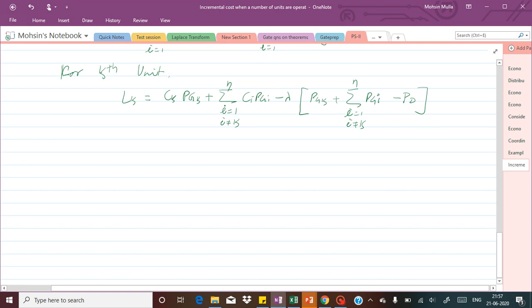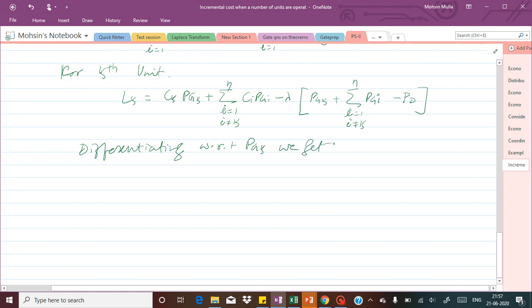Now to obtain the optimal condition, we have to differentiate this with respect to the generating value of that particular generator k, differentiating with respect to Pgk.